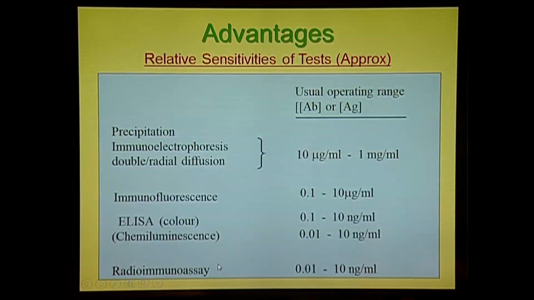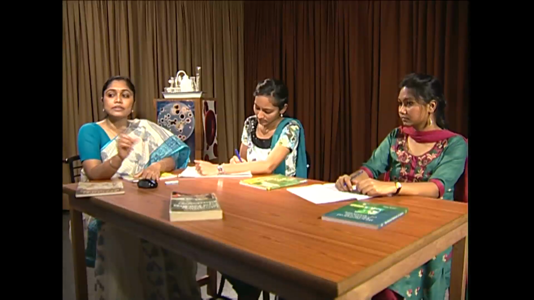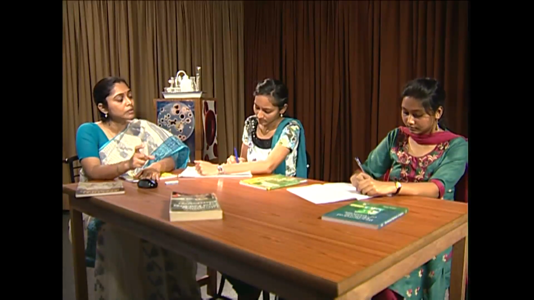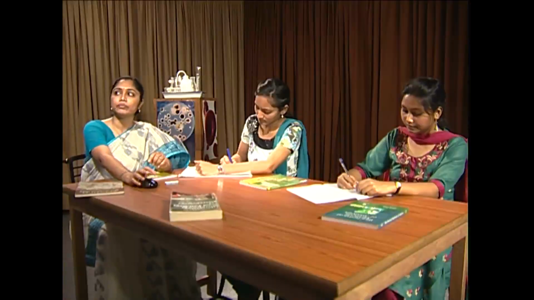That means it has comparable sensitivity with radioimmunoassay. Radioimmunoassay was the only immunoassay used before the invention of ELISA. But since radioimmunoassay involves the use of radioactive material, it is not recommended very often. So ELISA is becoming very popular since it uses enzymes instead of radioactivity.